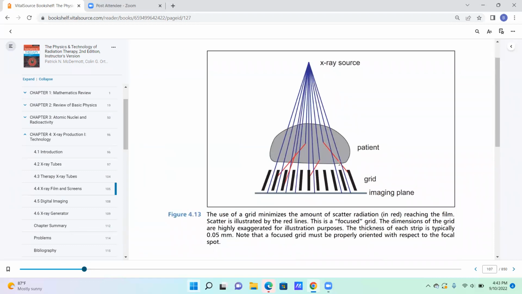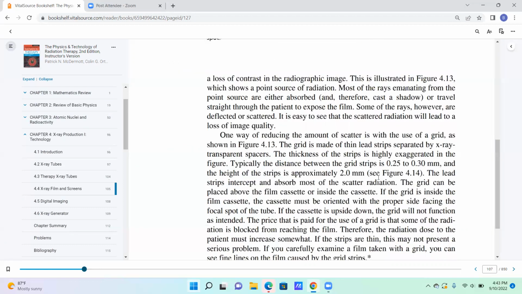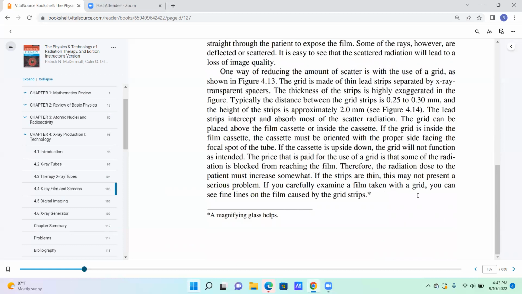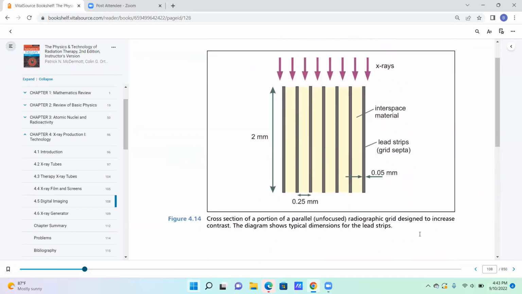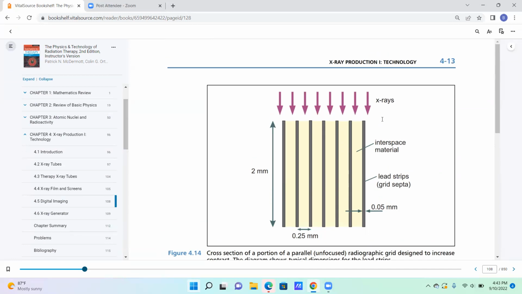The idea of the grid is to take out the scatter and leave as much of the regular primary beam to come through. You can also see here a parallel radiographic grid is designed to increase the contrast. The diagram shows the typical dimensions here.